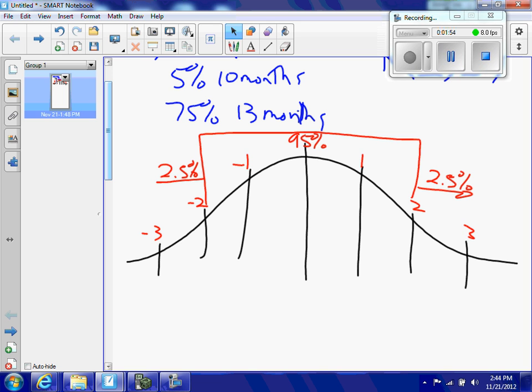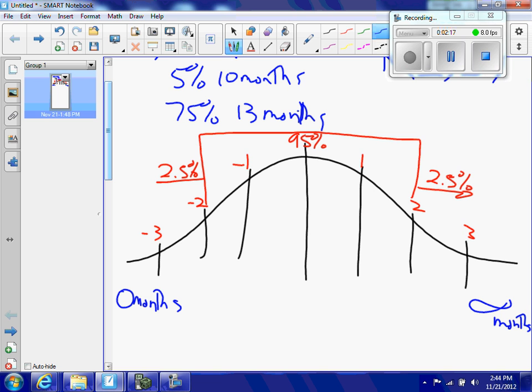So if I know that 5%, well, let's put over here, this is 0 months. Way over here is infinity months. People who never learned to walk. So 10 months is going to be 5% of my data.